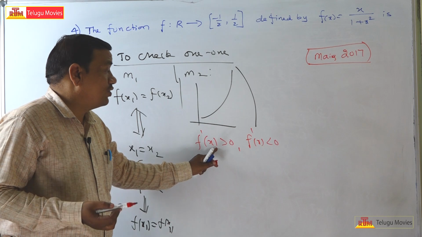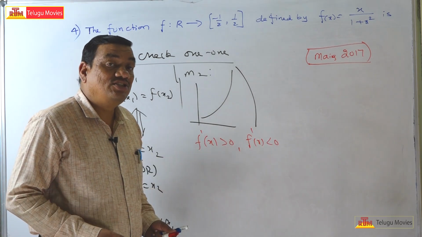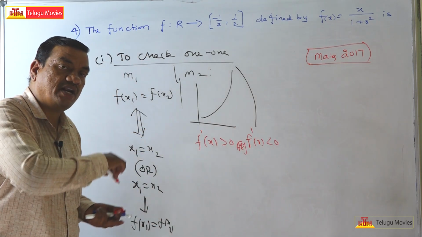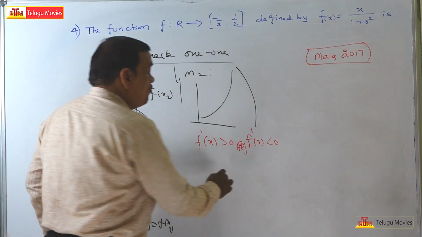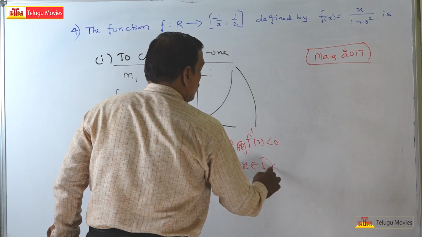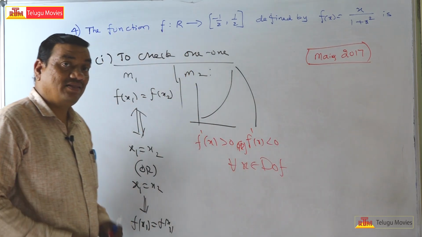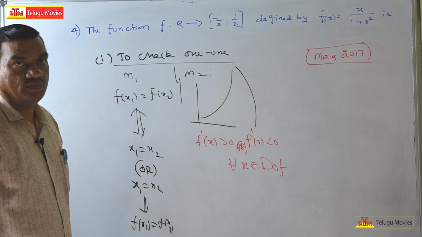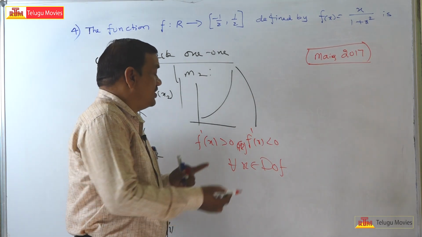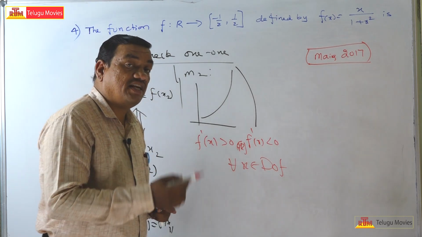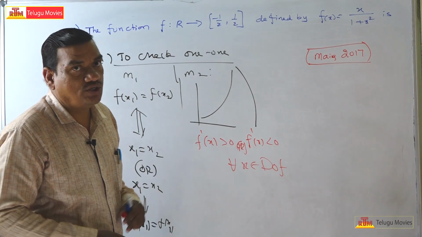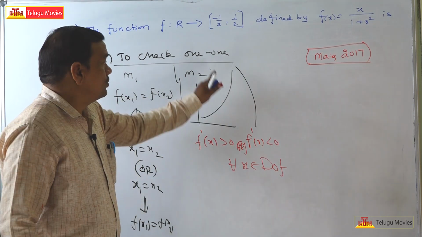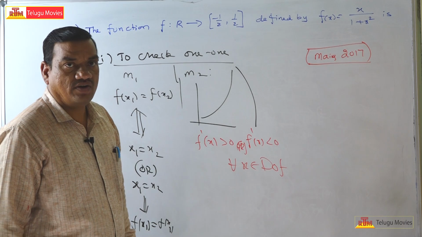If it is greater than 0 or less than 0, either of the two, for all x belonging to the domain of the function, then we say that the given function is one-one. But if for some values of x it is greater than 0 and for some values it is less than 0, then it is not a one-one function and it is a many-one function. So this is a method to find out a one-one function.